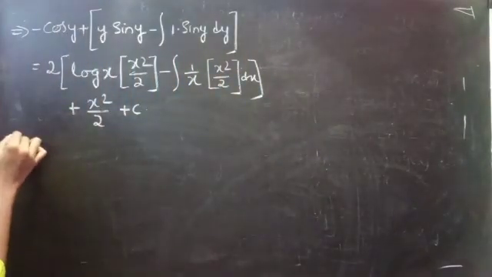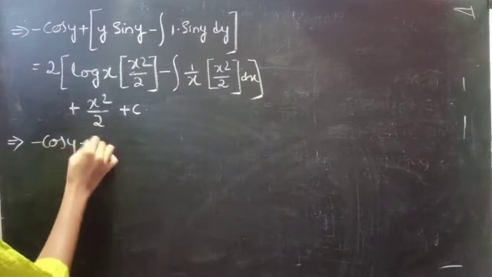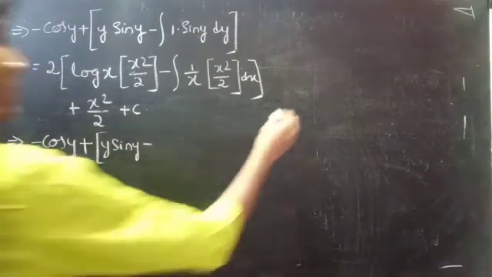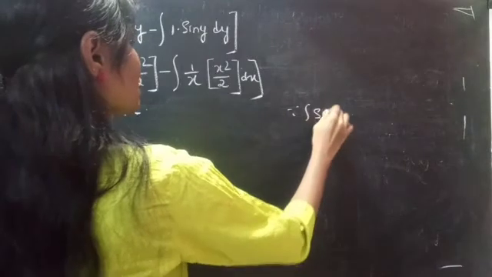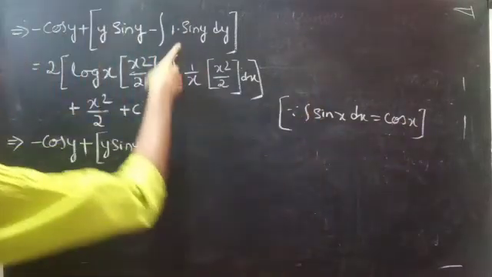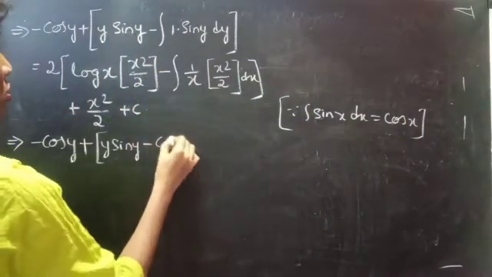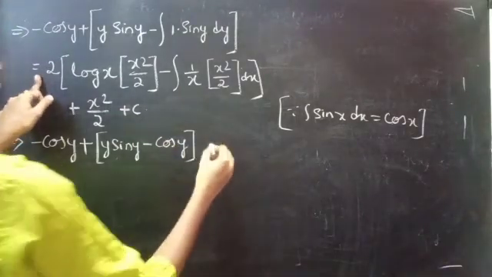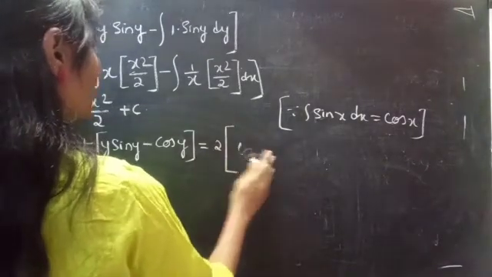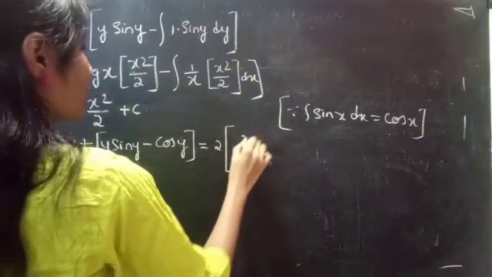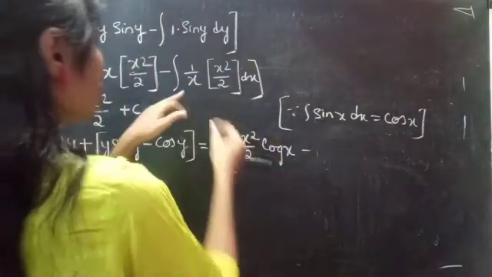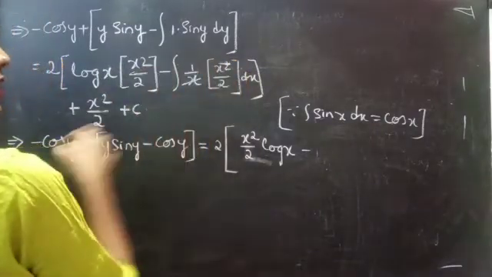This implies minus cos y plus y sin y minus integral sin y dy, which will be cos y, equals to 2 into log x into x square by 2, which is x square by 2 into log x, minus, so this x and 1 x from x square gets cancelled.